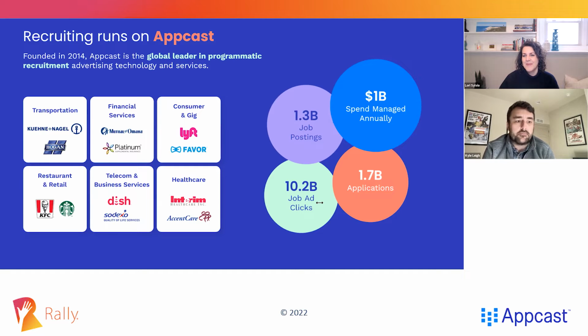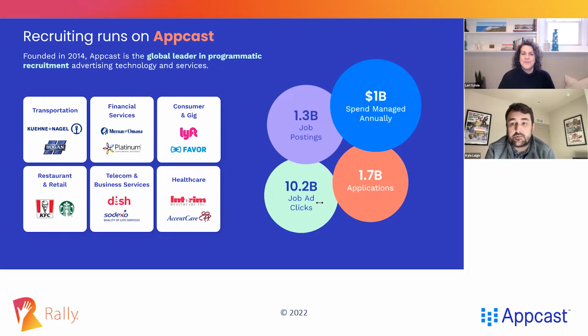So my role is, I work with customers of all sizes, all verticals, to help them build that business case to move towards this model, as well as providing insights on how to improve their internal practices, be it job content, be it improving their apply processes, what have you. So that's really my role at Appcast.